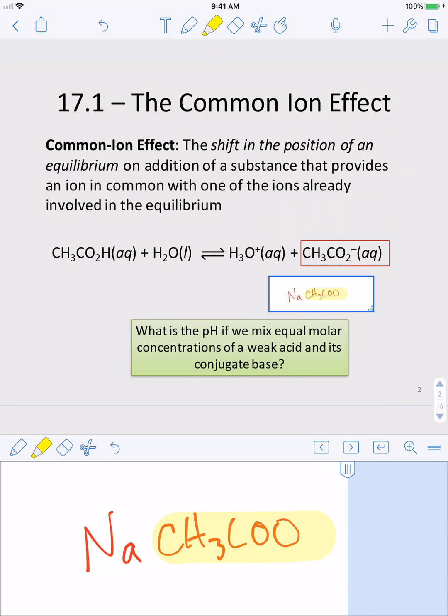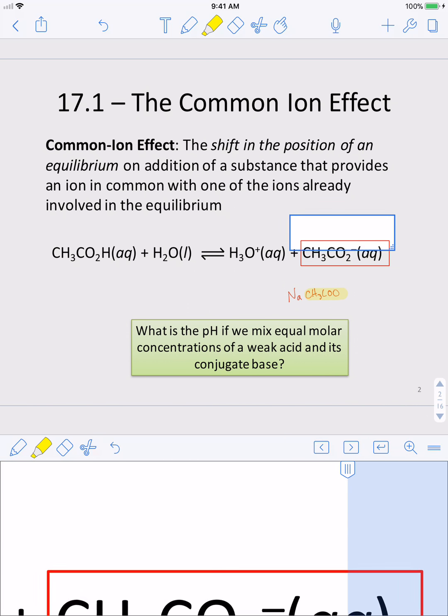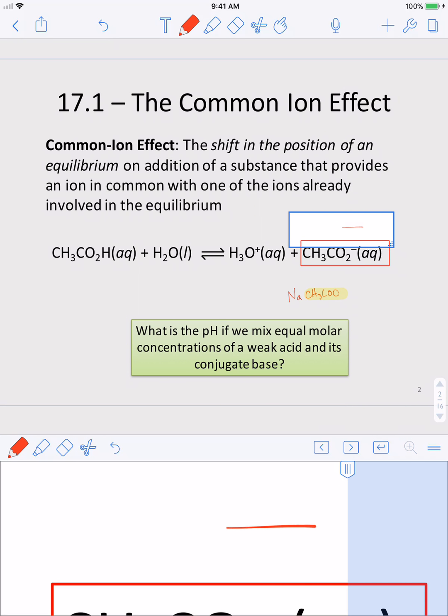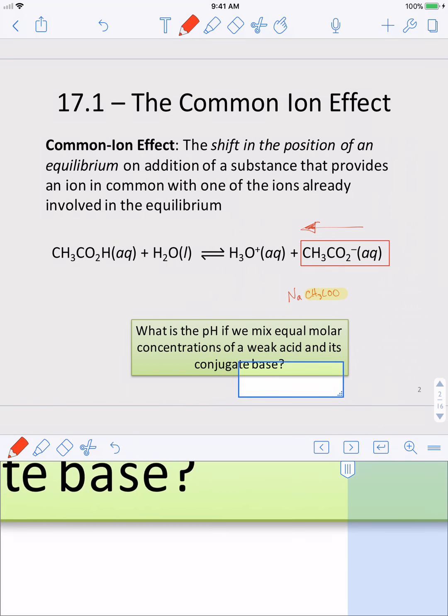So if we add sodium acetate to this reaction, according to Le Chatelier's principle, we're going to have an excess of acetate, which is going to shift the equilibria away from that excess, and so it's going to go in the reverse direction. We already know that from Le Chatelier's principle as well.